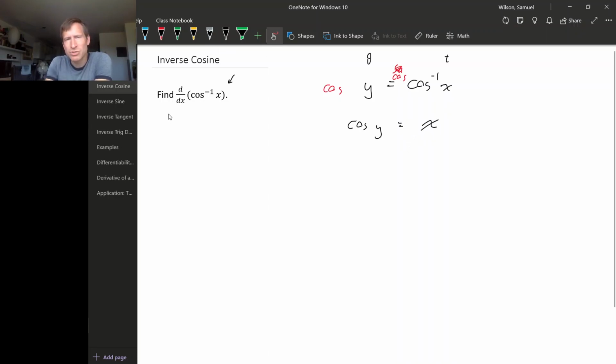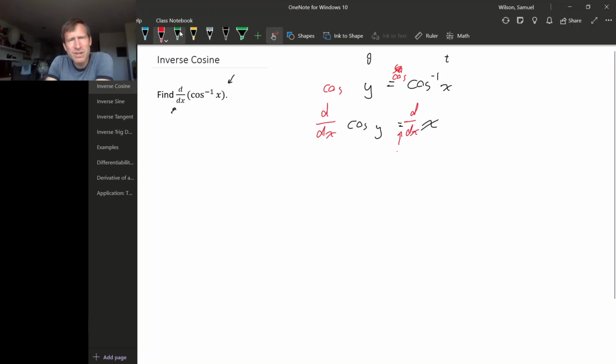Okay, well, we're trying to find the derivative with respect to x of inverse cosine, so we're going to have to take a derivative at some point, and now seems as good a time as any. So let's take derivatives on both sides, right? This is an equation of functions. We're saying the function cosine of y is equal to the function x. So that means that their derivatives have to be equal as well. So we can take a derivative on both sides.